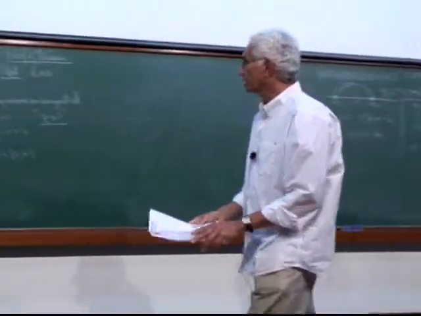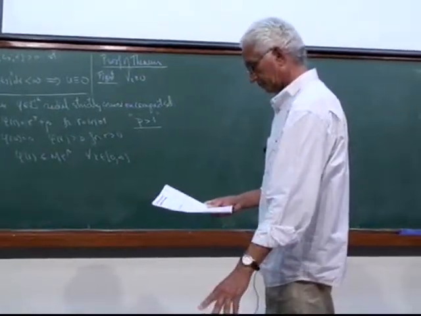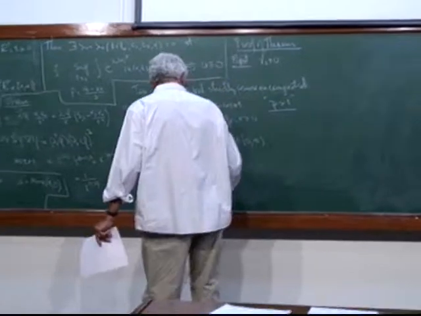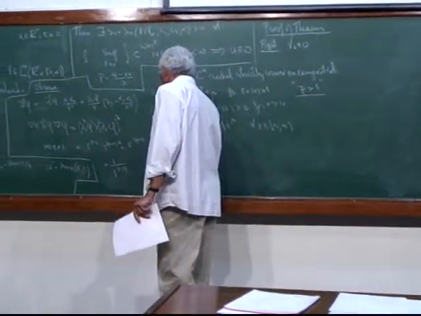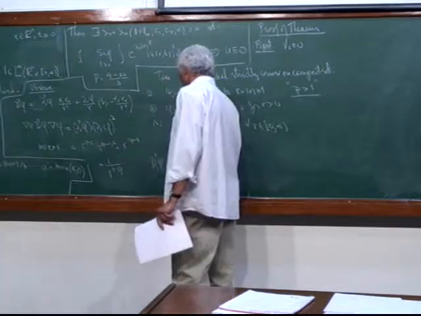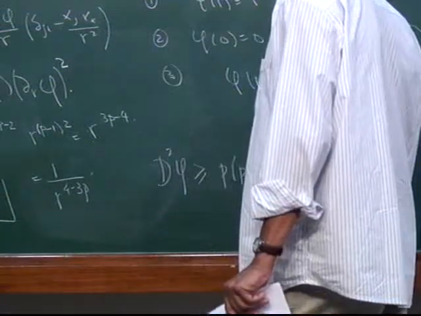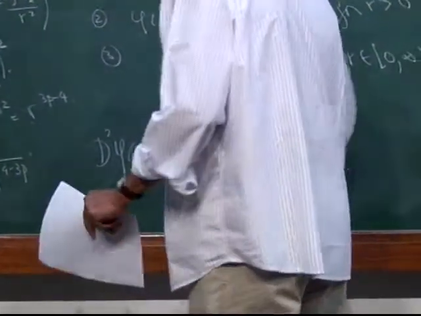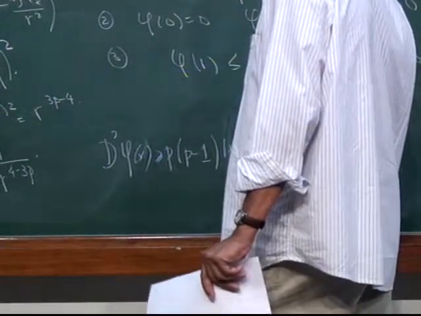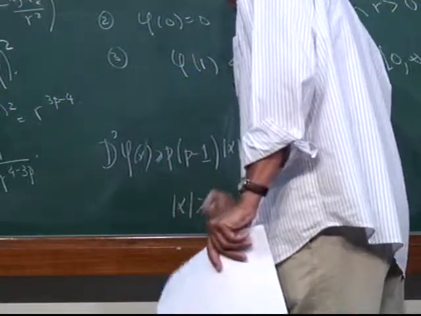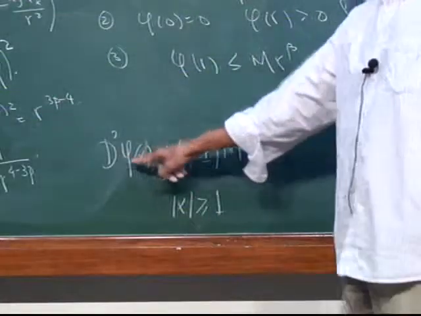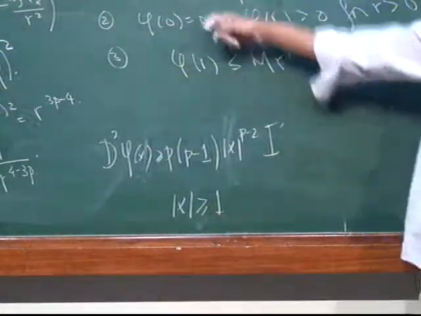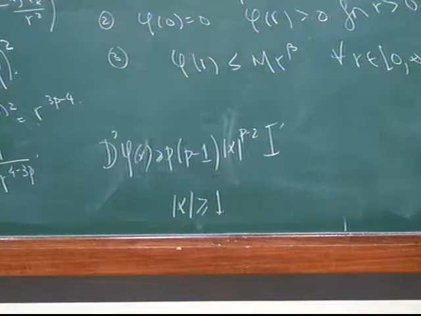We have all this computation, and in fact, the second derivative of phi as a matrix is larger than p minus 1 times the identity for x more than 1. If you compute the second derivative matrix, you have that you are larger than this. I mean, you take 2 derivatives, and you're going to have something like that.